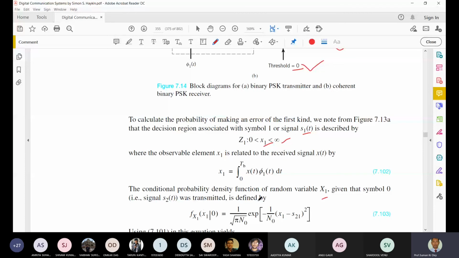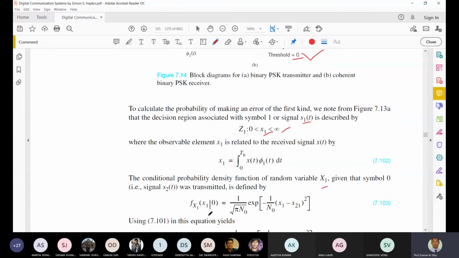So we need to calculate what is the value of x1 when we are transmitting 0. Basically this formula we already discussed earlier, and this term comes from the Gaussian distribution when we discussed the conditional probability density function.